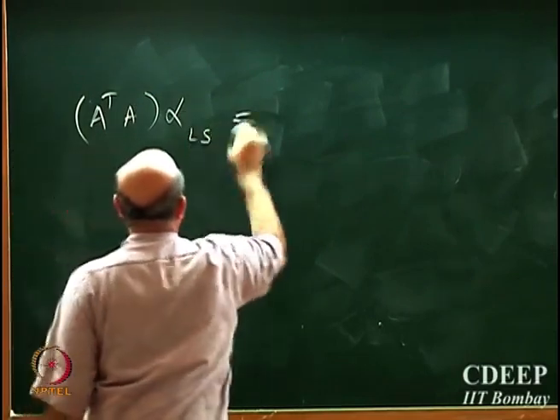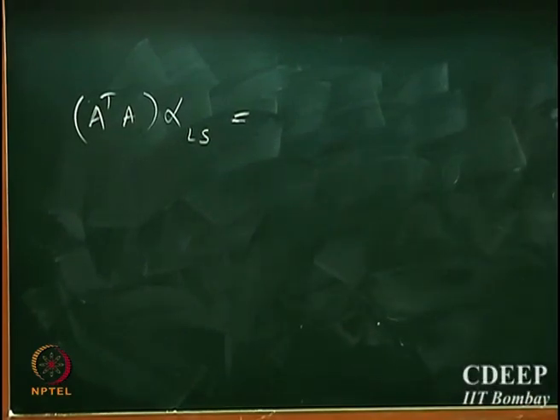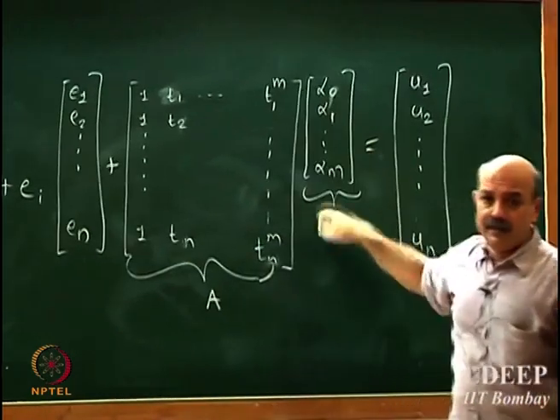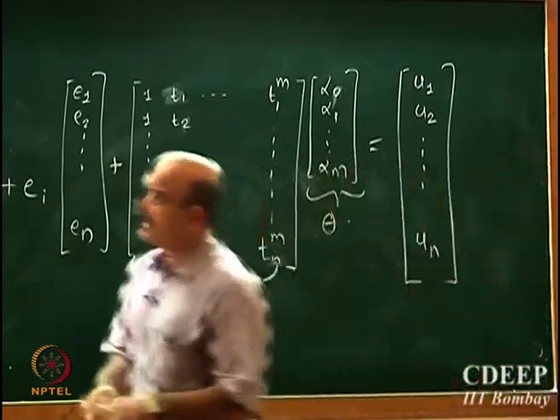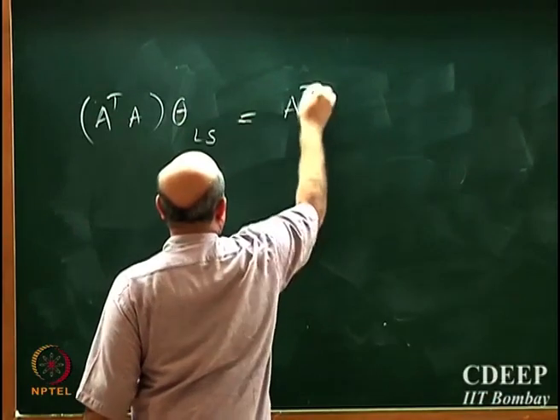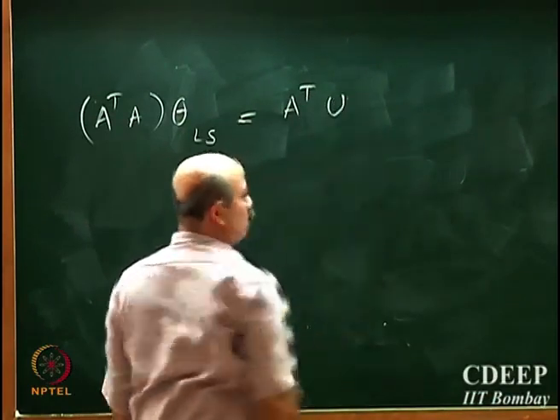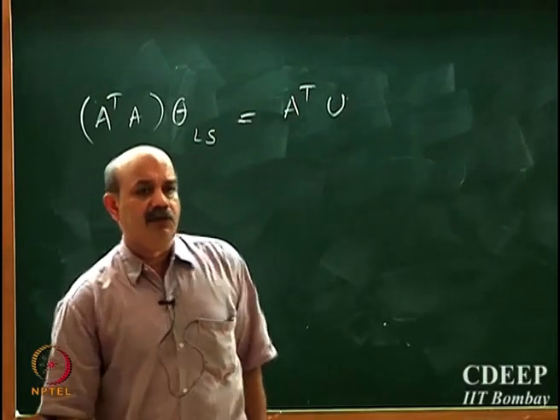I think we named this as theta earlier, so let's keep calling it theta. So A transpose A theta least square is equal to A transpose U. U is all the values of the dependent variable, which you know.